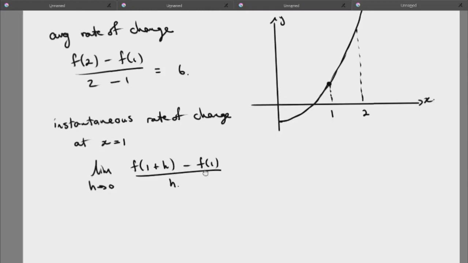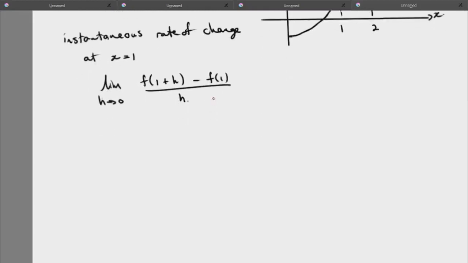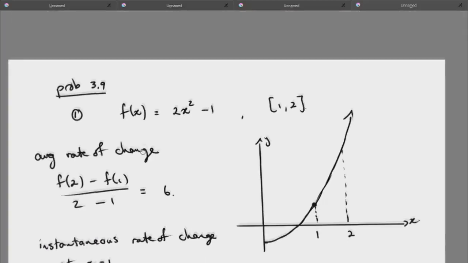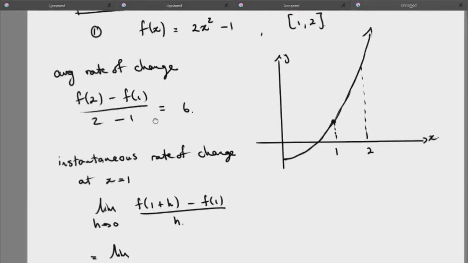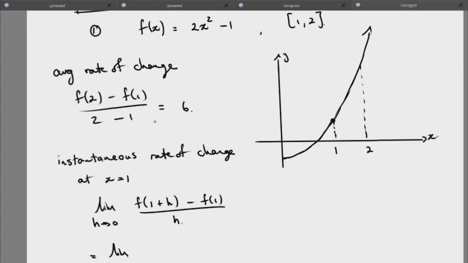Okay, so the first thing I want to do here is simplify by using what the function is. My function is 2x squared plus 1. If my input now is 1 plus h, that goes wherever x goes.